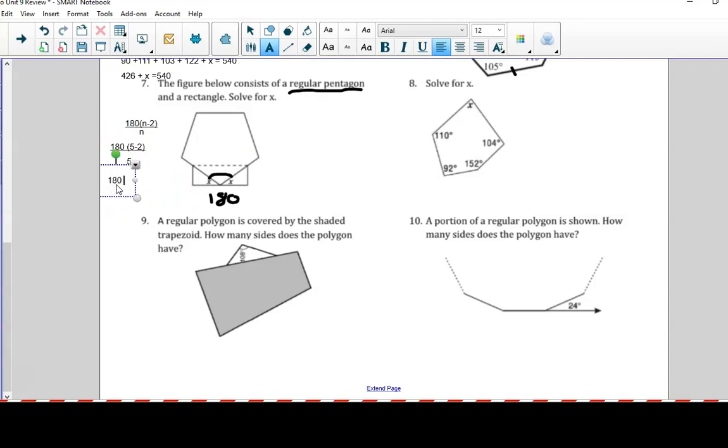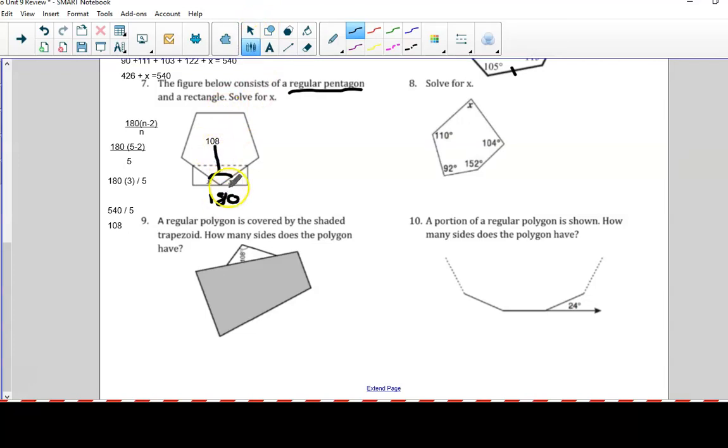So 180 times 3 is 540. 540 divided by 5 is 108. So that means that the inside angle in here is 108.